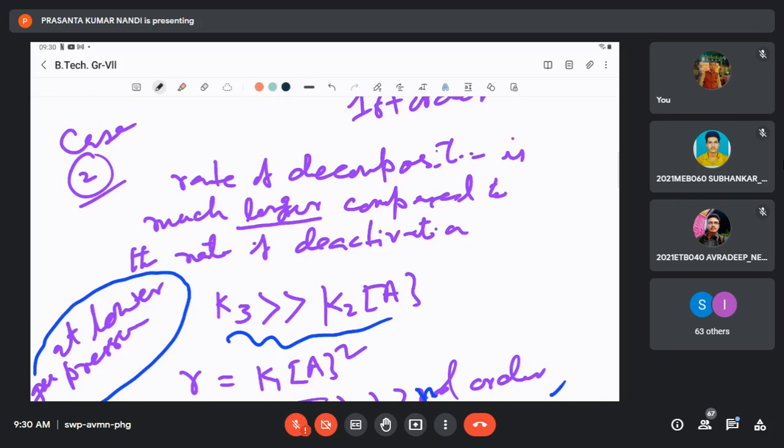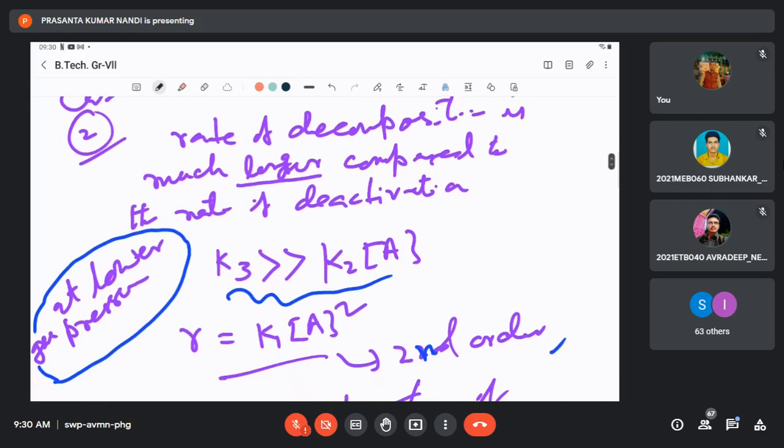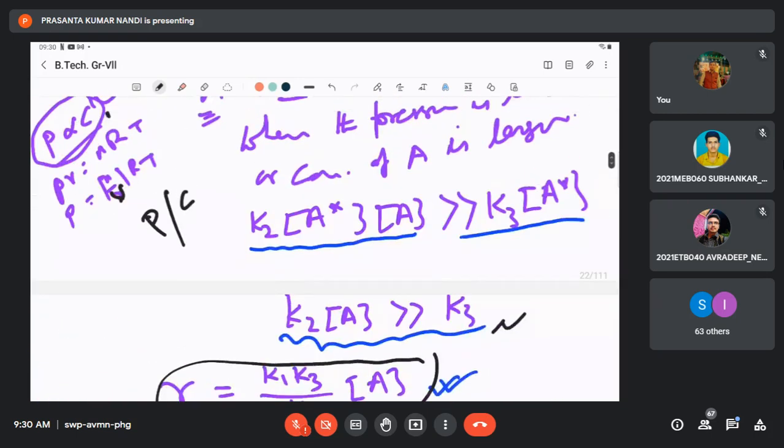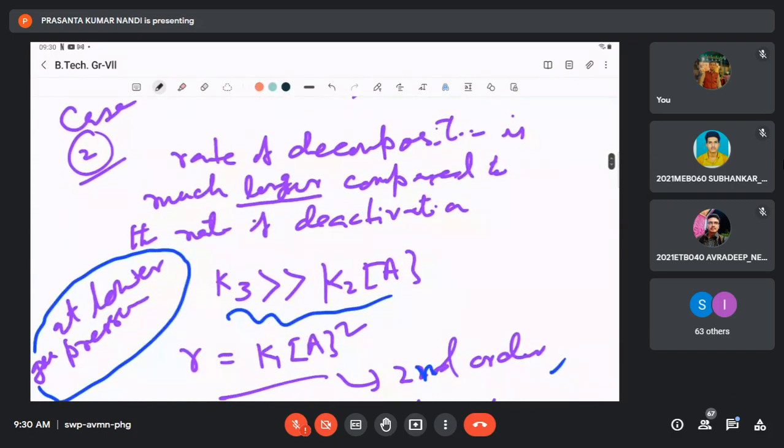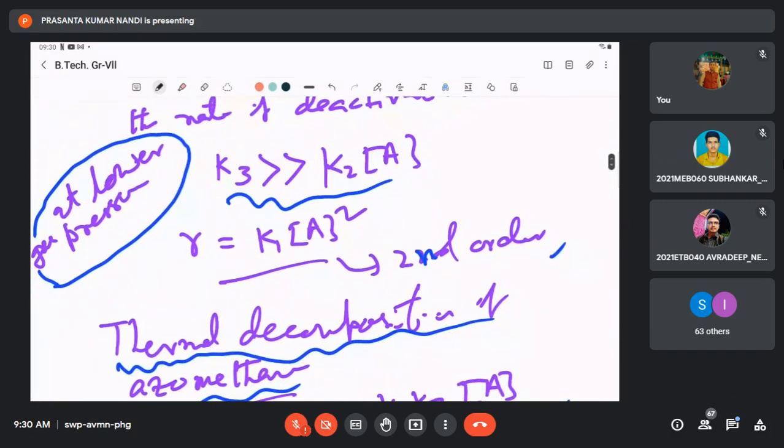So under this restriction K3 in the denominator would be much larger than K2A. If you put this restriction in the original overall rate equation, then you can easily write R equals K1 square. So this is the second order reaction.